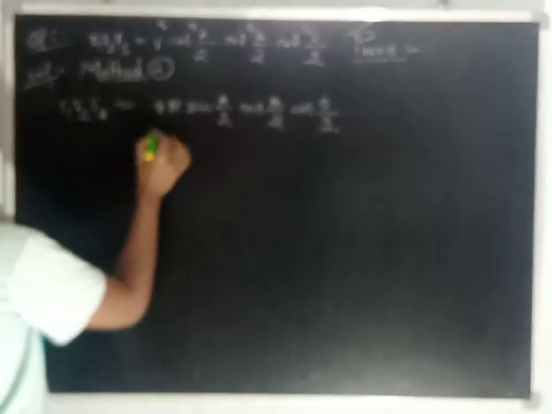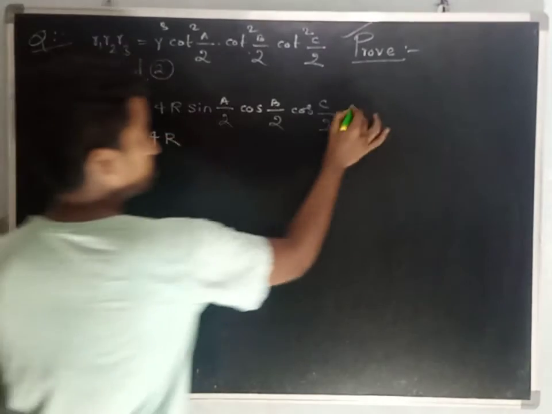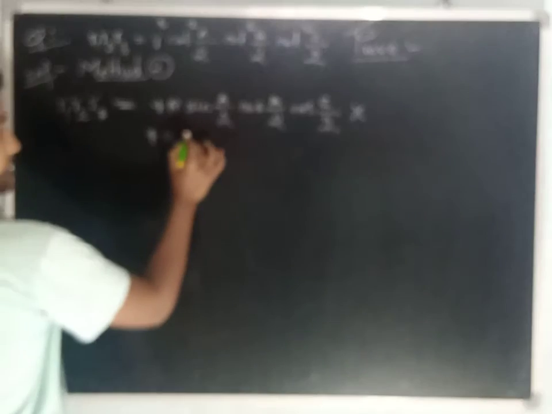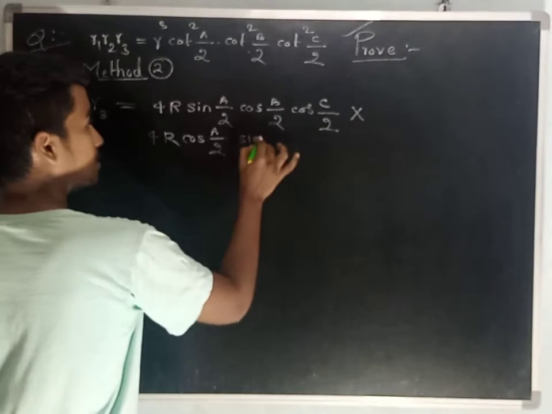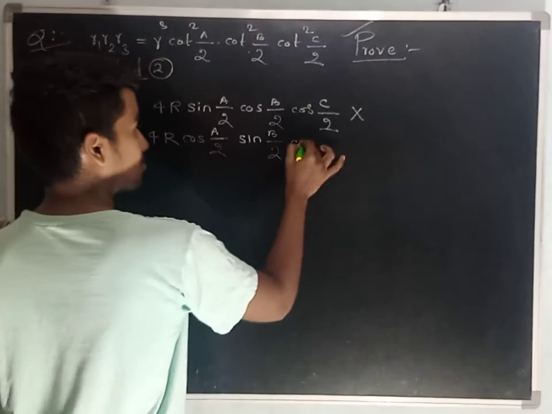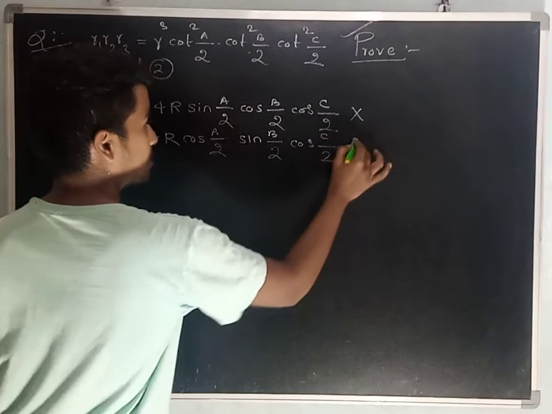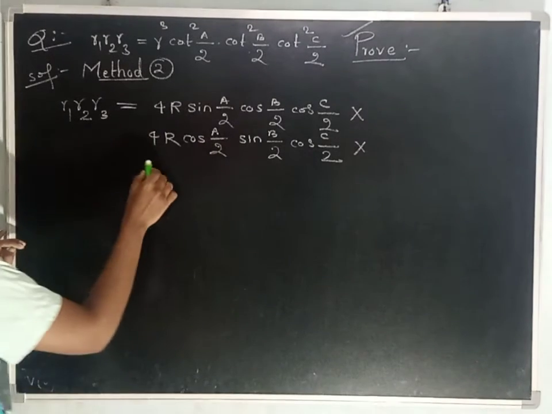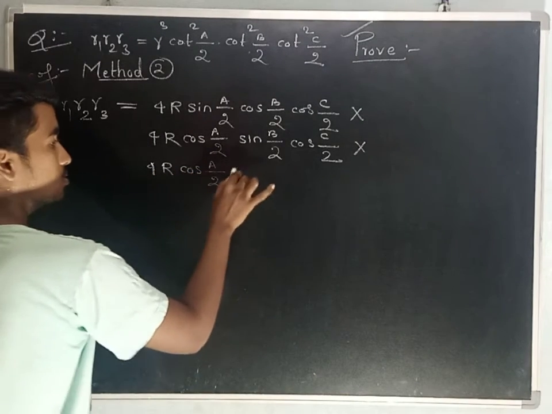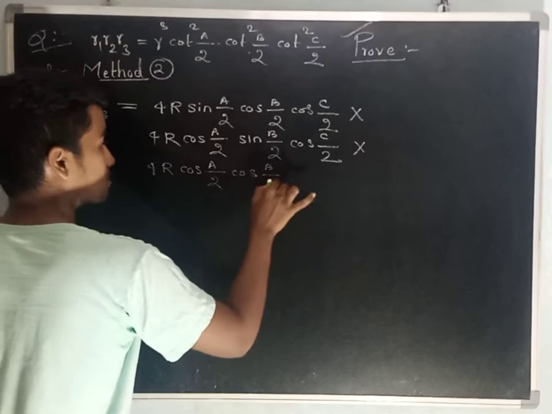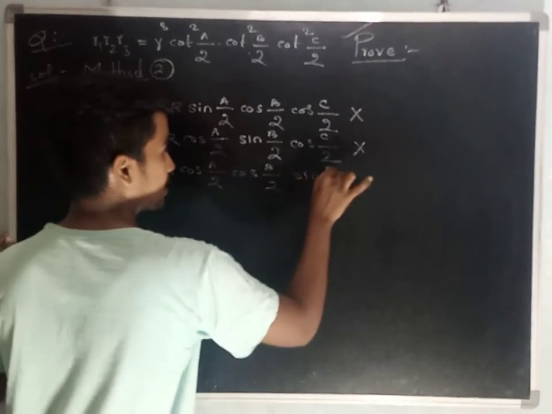R2 is nothing but 4R sin B by 2 into cos A by 2 into cos C by 2. R3 is nothing but 4R cos A by 2 cos B by 2 into sin C by 2.